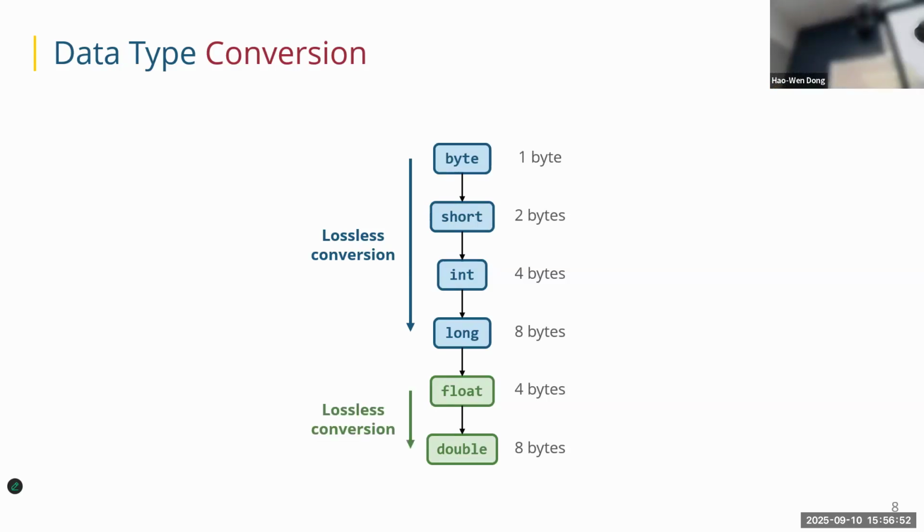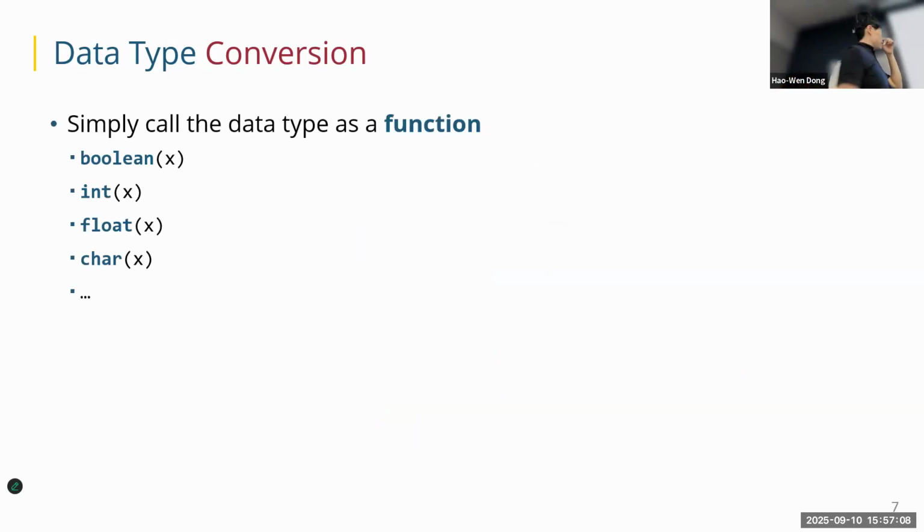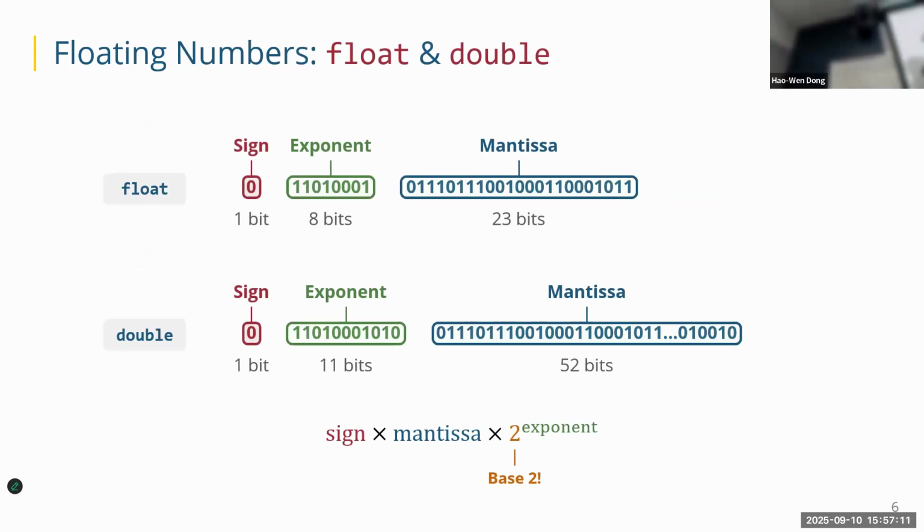But from long to float or integer to float, it's actually not always lossless. It's a little bit tricky, kind of hard to explain, but it can be lossy because of the way we represent the floating number. There are some numbers that have too many trailing digits that will be discarded when you turn it into a float.